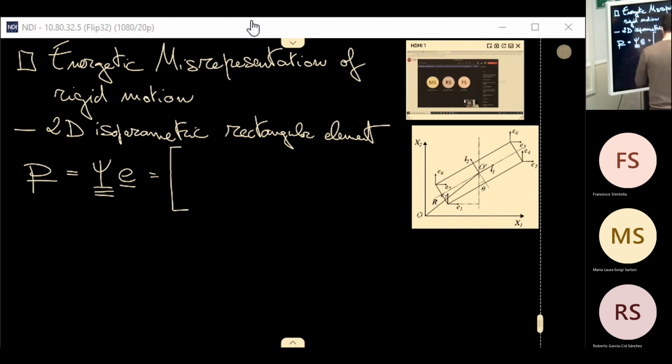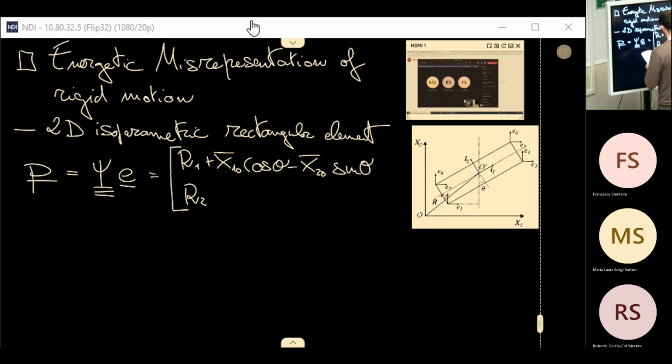And this we found out to be equal to R1 plus x10 over bar cosine of theta minus x20 sine of theta. And the second component, of course, since we are in the two-dimensional case we have two components, of theta plus x20 cosine of theta.